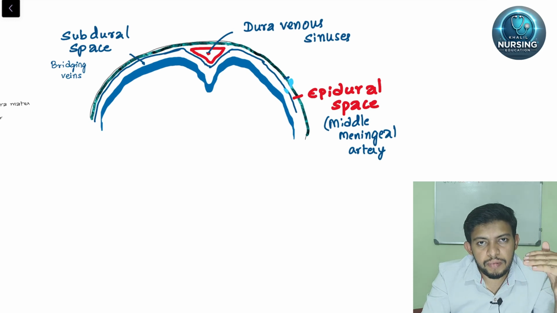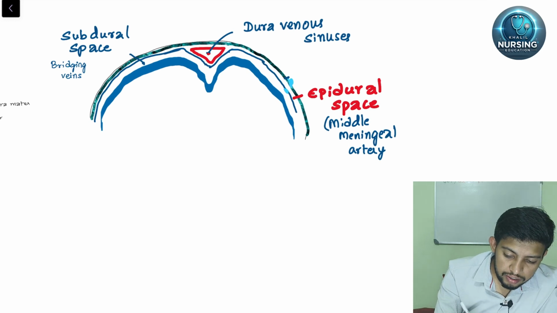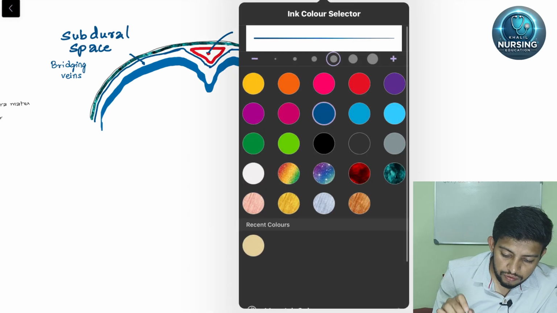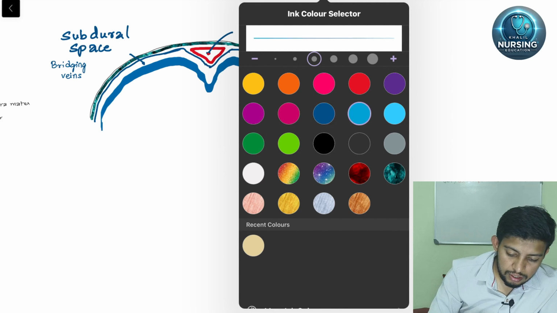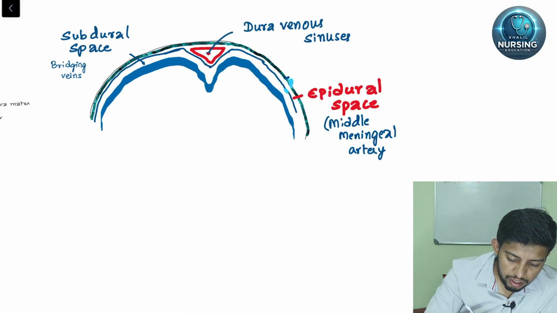Next, below the arachnoid mater, there is a very thin and soft layer which is attached to the brain parenchyma.